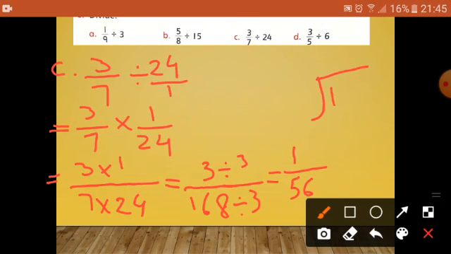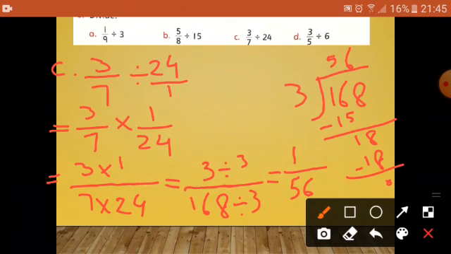Let me show you the division as well. So see, 3 times 5 is 15, then minus, it's 18. So 3 times 6, as we all know, is 18 and remainder 0. So what is my answer? 56. So that means 1 over 56 is the answer of this question.